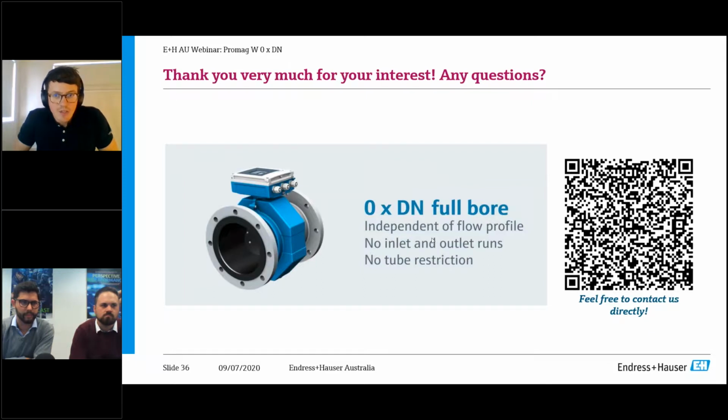There is an applicator tool, which I've mentioned before, and you'll get the link to it when we send the email tomorrow, where you can input your complete flow range, and then you can print out an accuracy graph to see exactly where you're sitting as well, whether at low velocity or at high velocity. We found that over a standard flow meter, we are quite a bit more accurate. In the 0DN applications, we're well within that 0.5%, even at those low velocities. And I'm happy to send you that calibration, that third-party certificate as well, Dominic, and you can see for yourself.